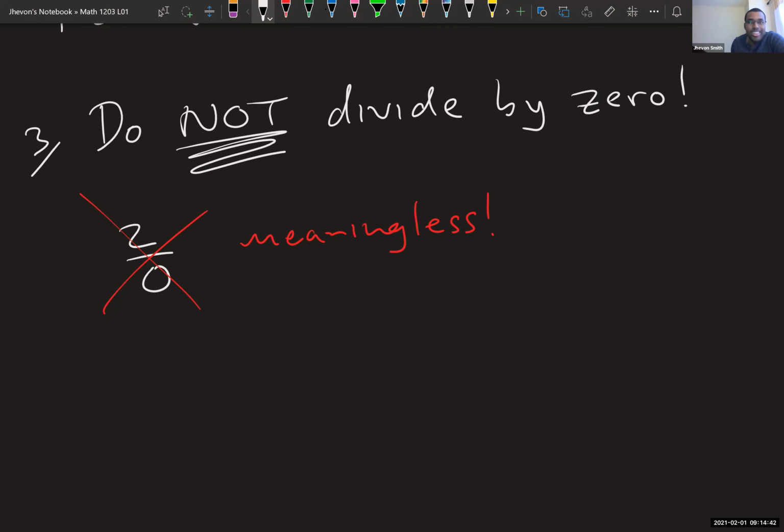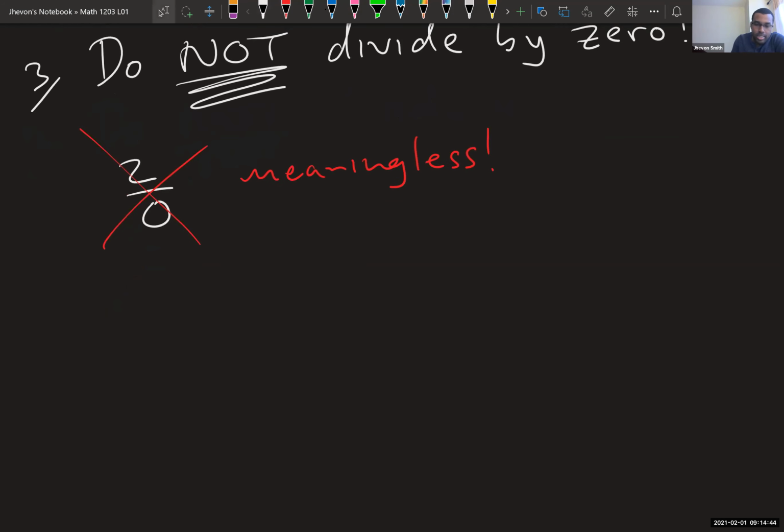No, it's not. There are some things that would be allowed that might seem strange at the moment, but we'll get to that. 2 over 0 with a little plus sign in the power, that's allowed. Or 2 over 0 with a little minus in the power, that's allowed. But to write 0 itself is not allowed.